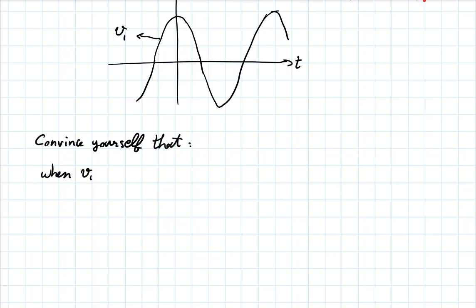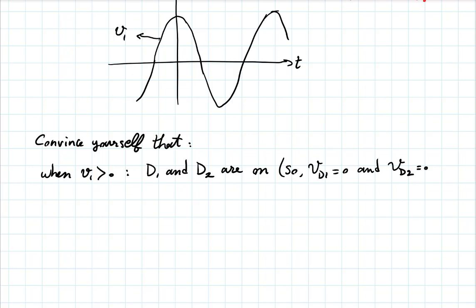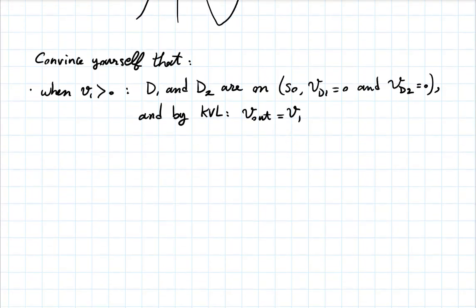when V1 is greater than 0, D1 and D2 are on. So VD1 equals 0 and VD2 equals 0. And by KVL, Vout is simply V1.